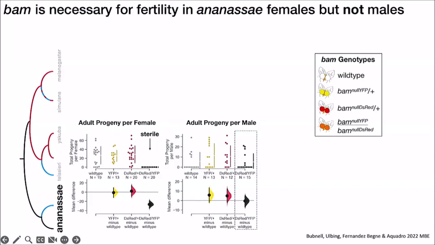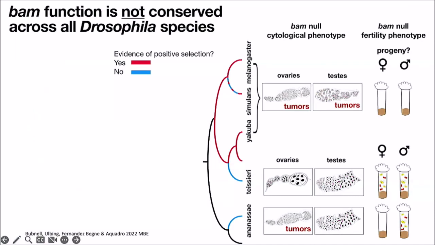This led to a striking pattern. For melanogaster, simulans and Yakuba, if you knock out this gene, you get tumorous ovaries and testes, and you get no progeny. Teissieri, though, you can knock this key switch gene out, and the lights are still on.